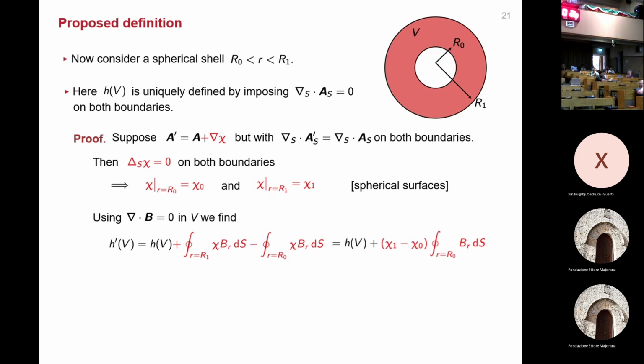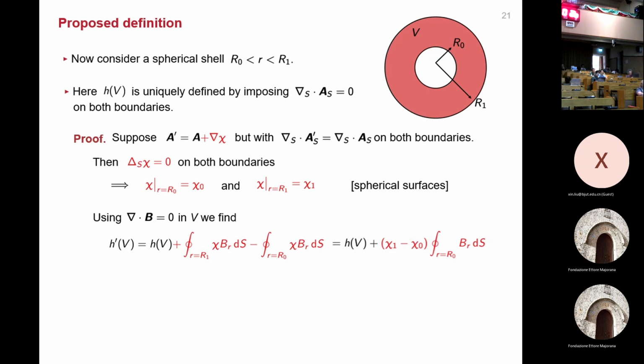So let's calculate the new helicity, H prime, and remember it was the old one plus the boundary integral of the gauge function times Bn. So now the gauge function is chi1 on the top boundary and chi0 on the bottom. But not only that, the flux, the integral of Br over a sphere, vanishes because B is a divergence-free field.